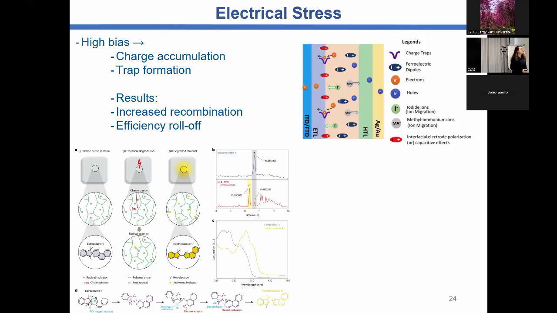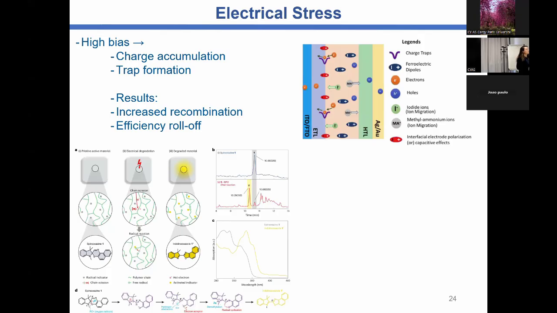This is mainly the reason for the high hysteresis of the perovskite, because when we do a forward and reverse bias, we have different performance of the photovoltaic device, and this is because of charge accumulation at the interface.